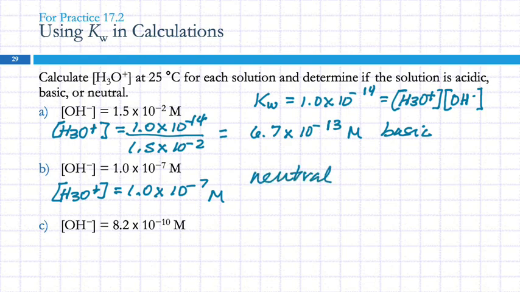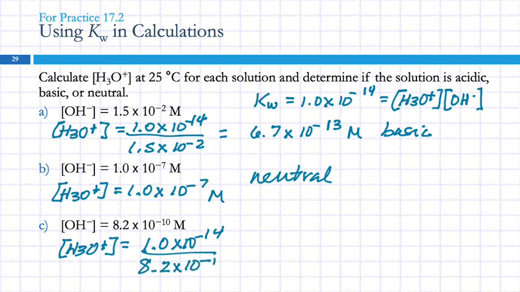And then this guy down here, letter C, the hydronium ion concentration would be Kw, 1 times 10 to the minus 14, divided by 8.2 times 10 to the minus 10. We could actually identify whether it's acidic or basic just by looking at that concentration, but we have to calculate this anyway.